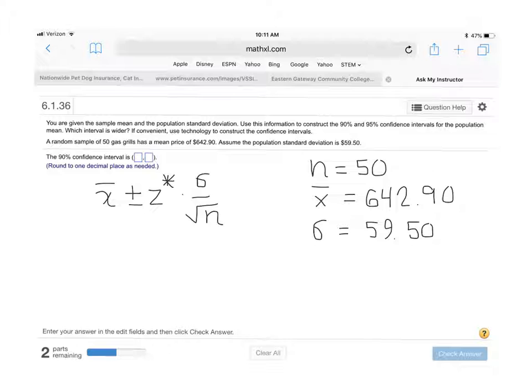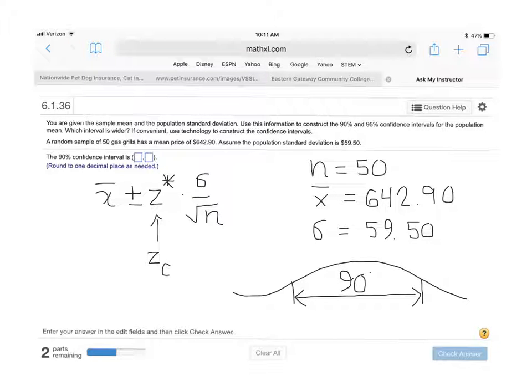So the question is, where do we find that z star, which is called the critical value? I believe MyLabs Plus calls this z crit, something like that. Same idea. What it basically represents is, in a normal curve, z star represents how many standard deviations out from the center of that curve we need to go in order to capture the middle, in this case 90%.